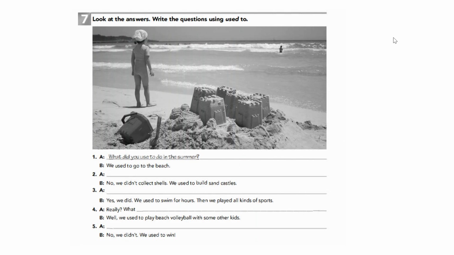Number three says, look at the answers, write the questions using used to. So now you look at the answer and you're going to write a question using used to based on the answer. For example, "We used to go to the beach." What would be the question? That's easy. What did you use to do in the summer? We used to go to the beach. And the same thing with the others.